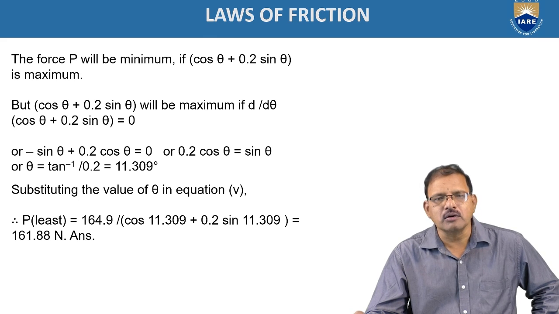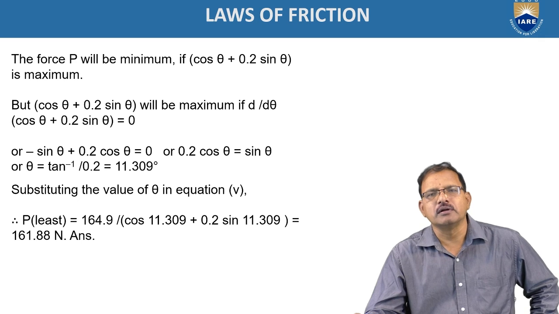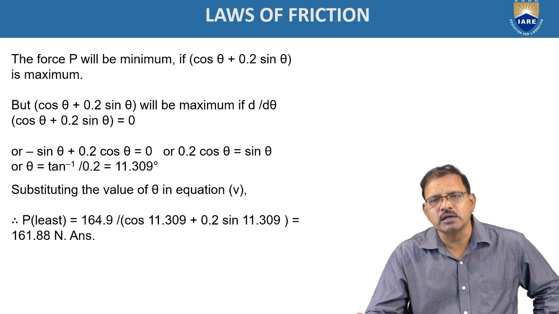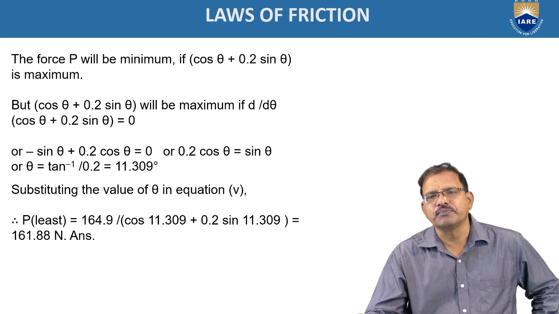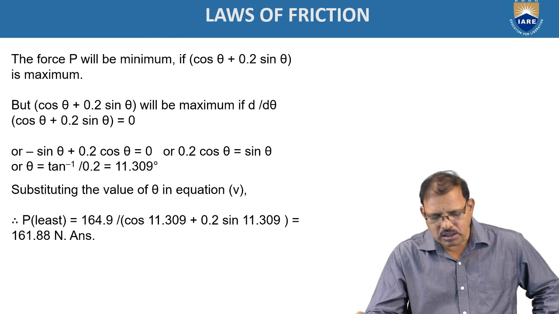Theta is equal to tan inverse of 0.2, which is equal to 11.309 degrees. That means at an angle of 11.309 degrees, the force acting is the minimum to move the entire system toward the right side.